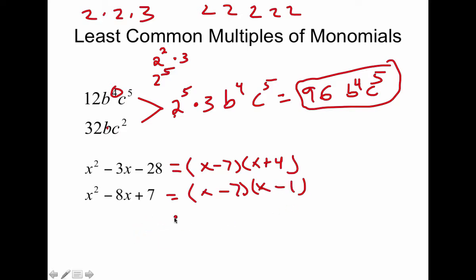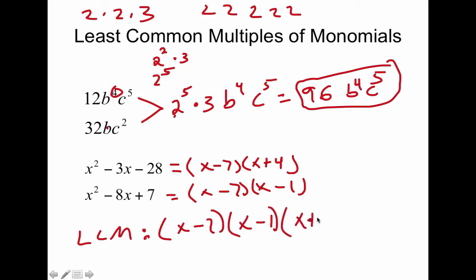Okay, so what do they have in common? X minus 7. The least common multiple: I need an x minus 7, I need an x minus 1, I need an x plus 4. This would be the least common multiple between these two things. I need one of everything, and if there are exponents, I need the higher value.